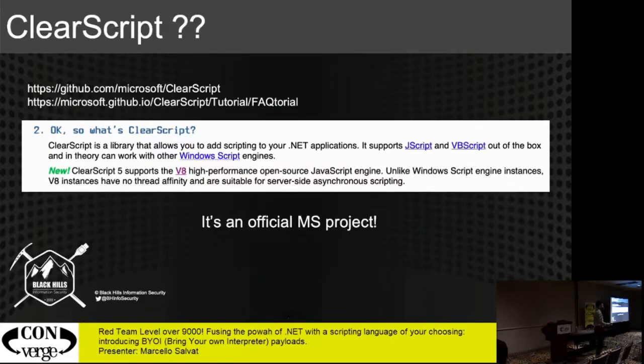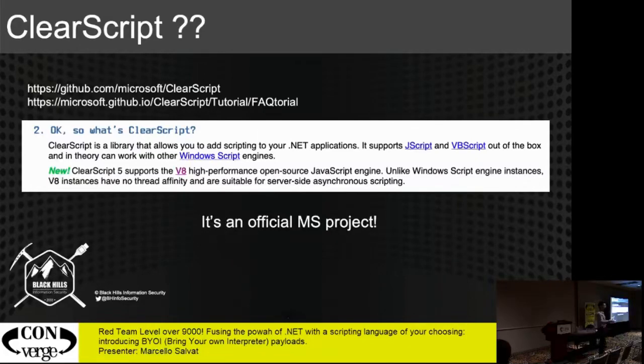By default on Windows, you can access JScript and VBScript from PowerShell through Windows Script Host. But ClearScript doesn't seem to do any of that, and it uses its own runtime to parse JScript and VBScript.